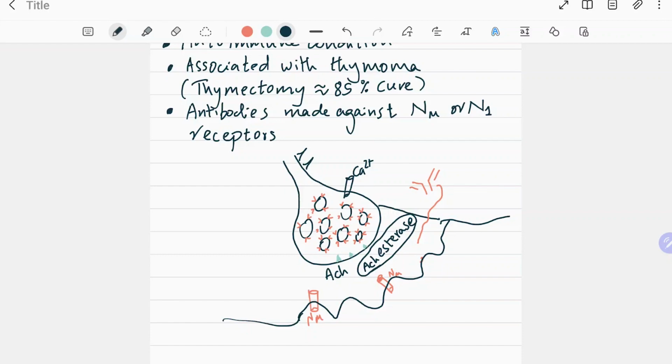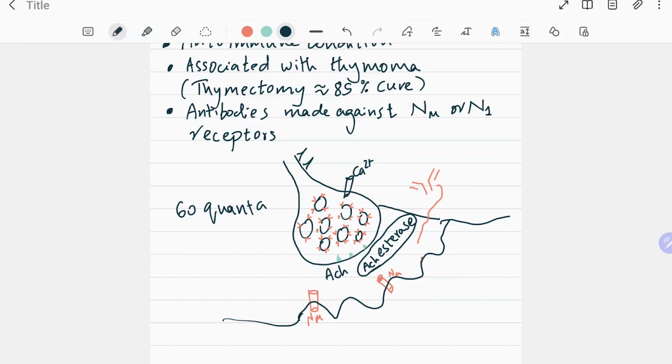Now, you must understand that I said we release 60 quanta, or 60 of these vesicles. Each vesicle has got around 10,000 acetylcholine molecules, so you can do the math about how many molecules are released from each of these terminal arborizations in each synapse.